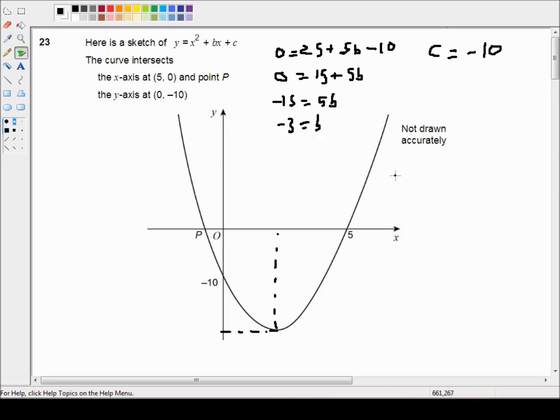So our equation goes y equals x squared minus 3x minus 10. So this is our equation that we've got to work with.